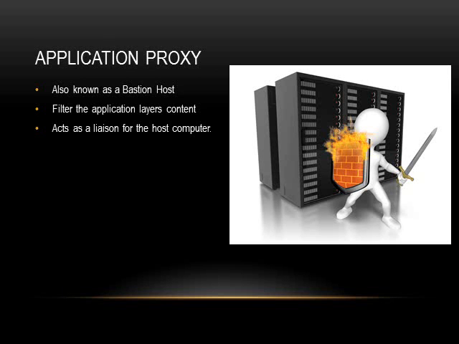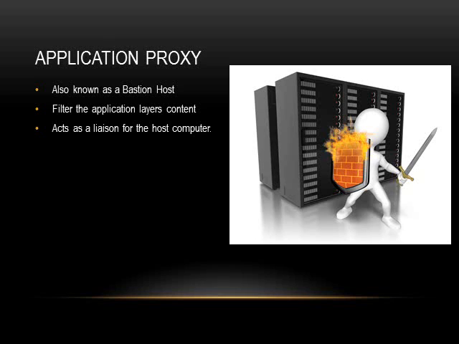The next firewall is called the application proxy, which is also known as the bastion host. This application proxy filters the content on the application layer. Let's say a host computer wants to access a web server.